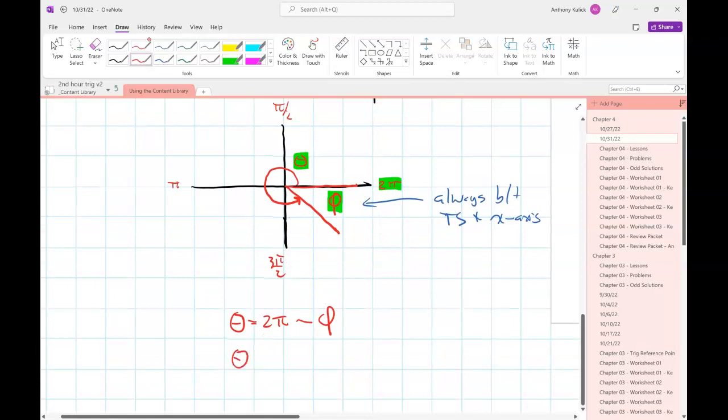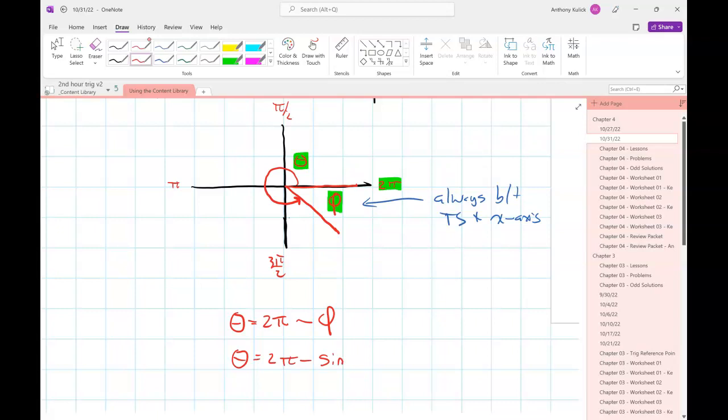So that angle phi is always going to be found by just doing the absolute value of the inverse function you're given.